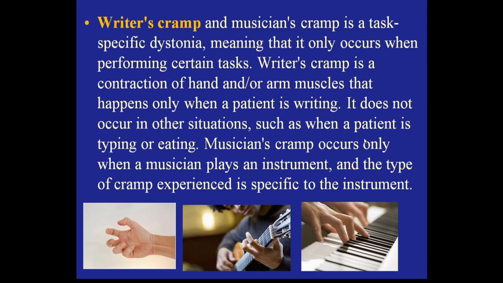Writer's cramp is a contraction of hand and arm muscles that happens only when a patient is writing. It does not occur in other situations, such as when a patient is typing or eating. Musician's cramp occurs only when a musician plays an instrument, and the type of cramp experienced is specific to the instrument.